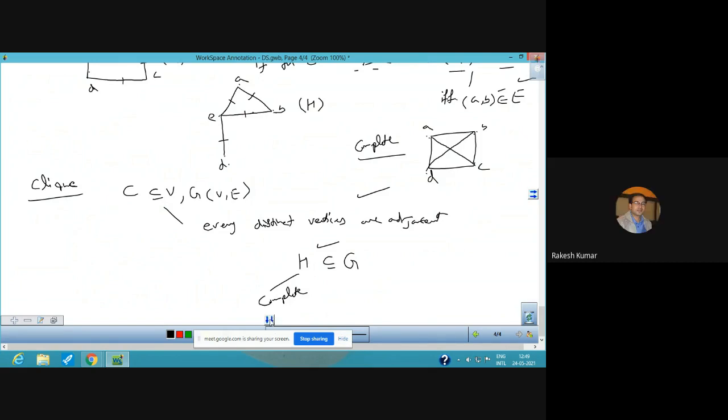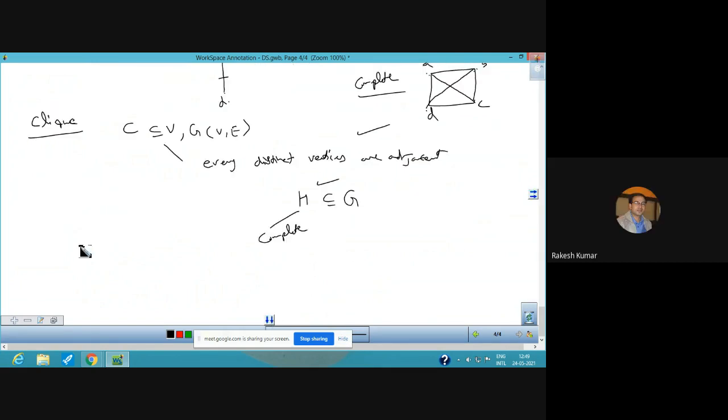Further, a maximal clique is a clique. Maximal clique we have to take. A maximal clique is a clique that cannot be extended by including one more adjacent vertex.